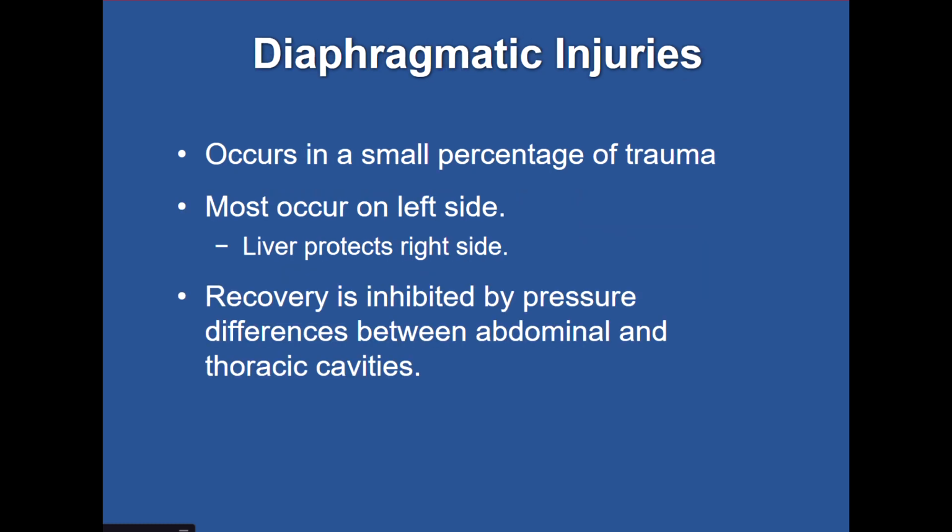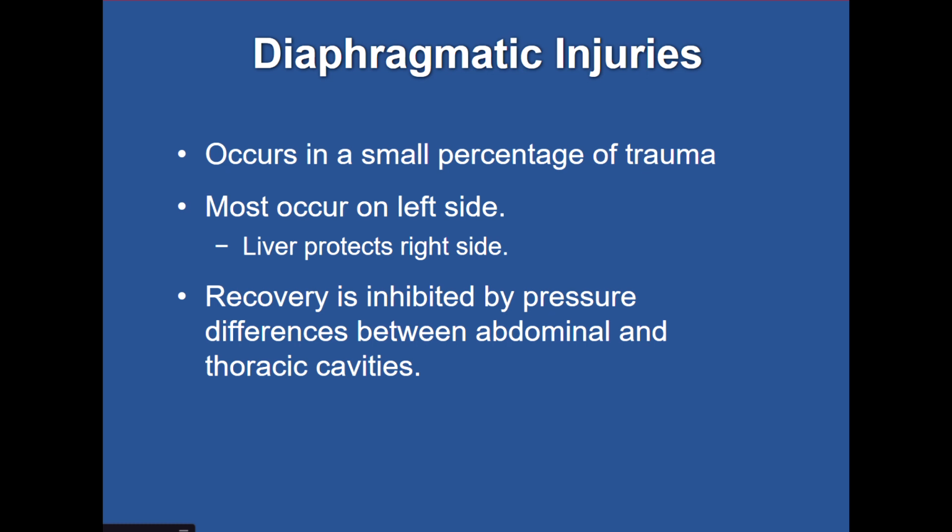Alright, so our last main type of injuries are injuries to the diaphragm, and then some other structures like the trachea and the esophagus, so we'll cover those quickly. Obviously, the diaphragm is incredibly important in our breathing, so if it's damaged, we're going to have a pretty big issue.